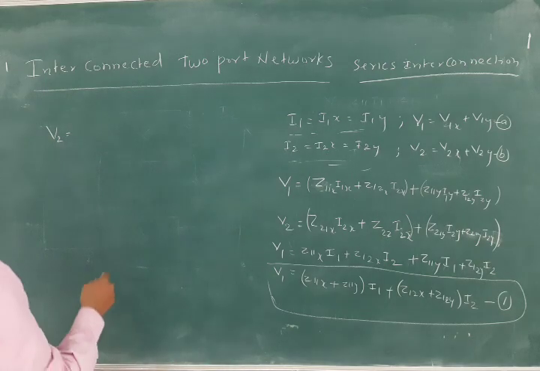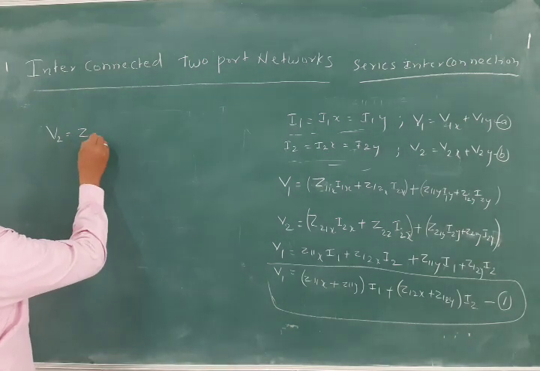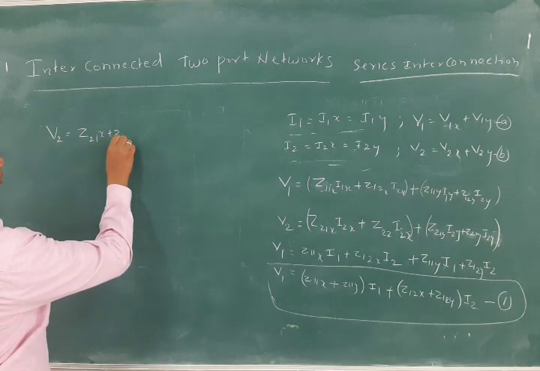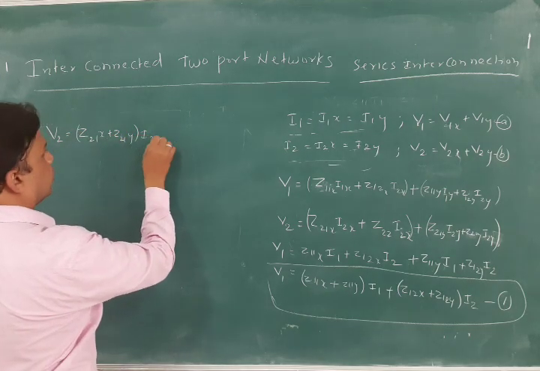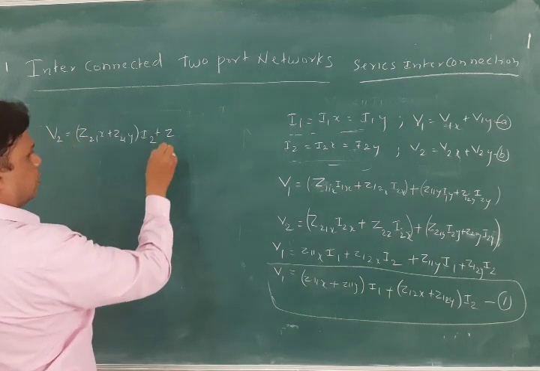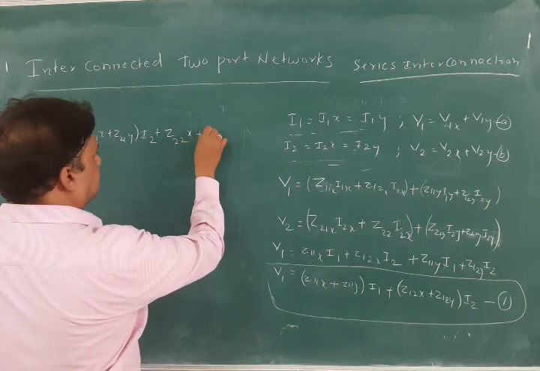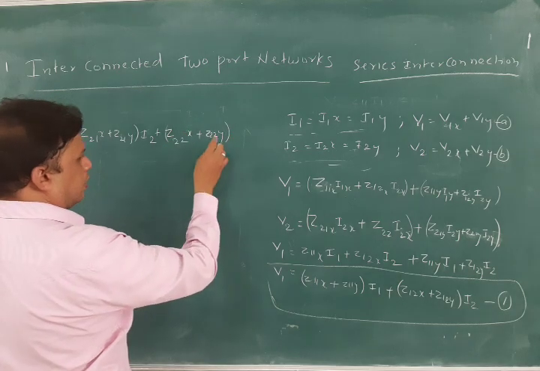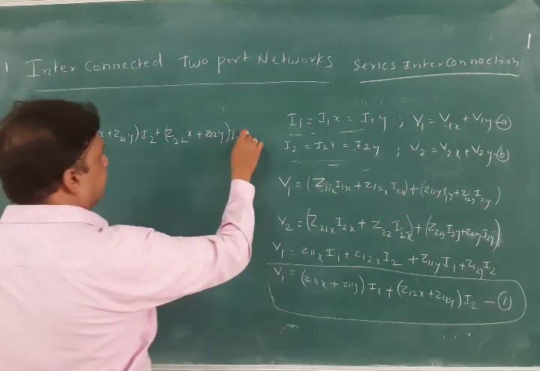From that, we are writing V2 is equal to Z21x plus Z21y into I1 plus Z22x plus Z22y into I2. So we got this second equation also here.